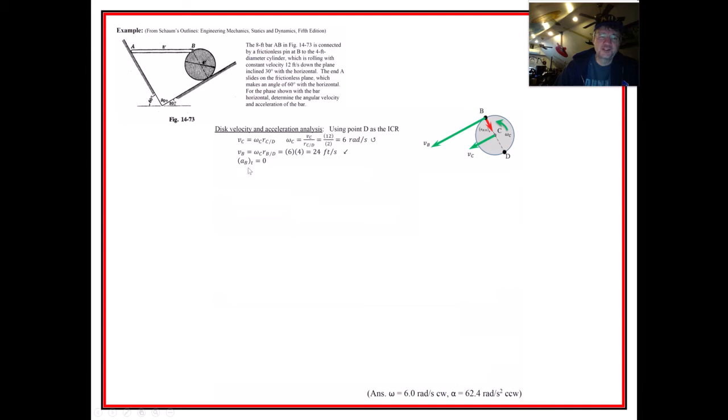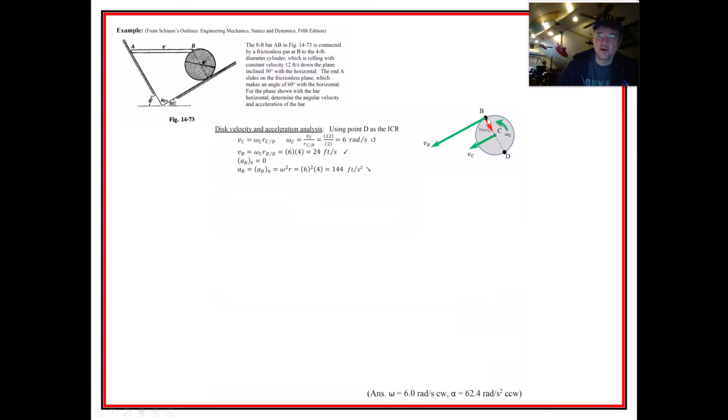As I mentioned, the tangential acceleration at that point is going to be 0 because the angular acceleration is 0, and that's because the translational acceleration is 0 here at C. But we do have an acceleration at B because of the normal component, right?